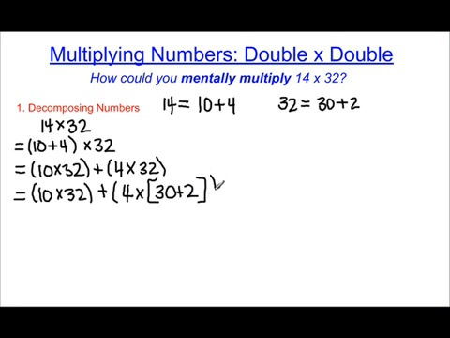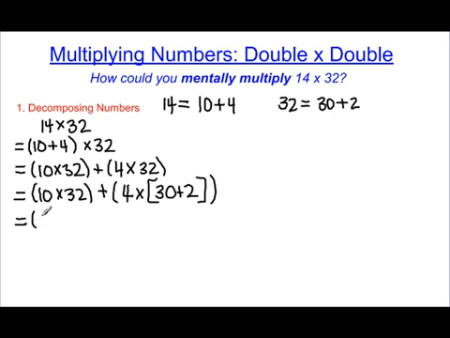Now this might look a bit different from what we've done before, but it's actually the same thing. We've just decomposed 32 into 30 plus 2, and our next step will be to multiply 4 times 30 and add that product to 4 times 2. Might look strange having a bracket within a bracket, however, it's allowed.